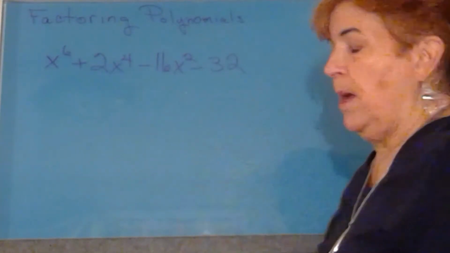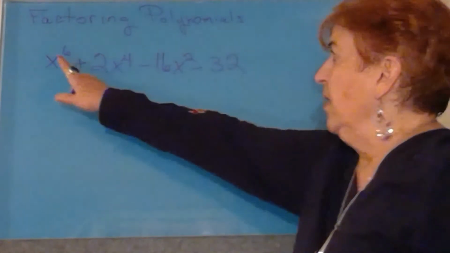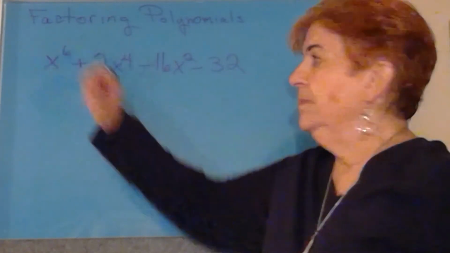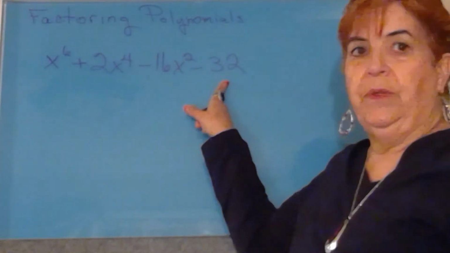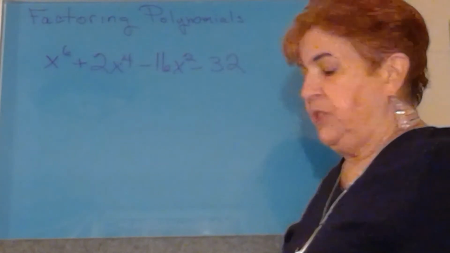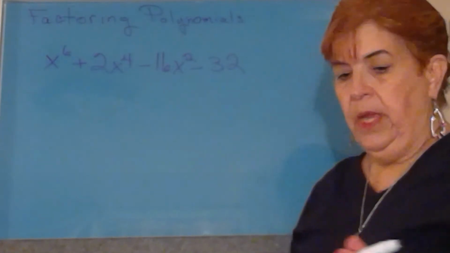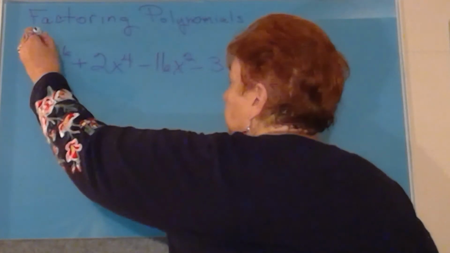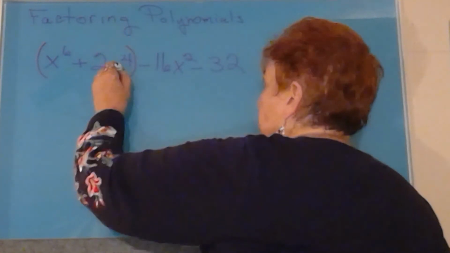There is no greatest common factor. That has no constant, and that has no variable, so there's nothing that will go into all of them. So the first thing we're going to do is put in our parentheses.